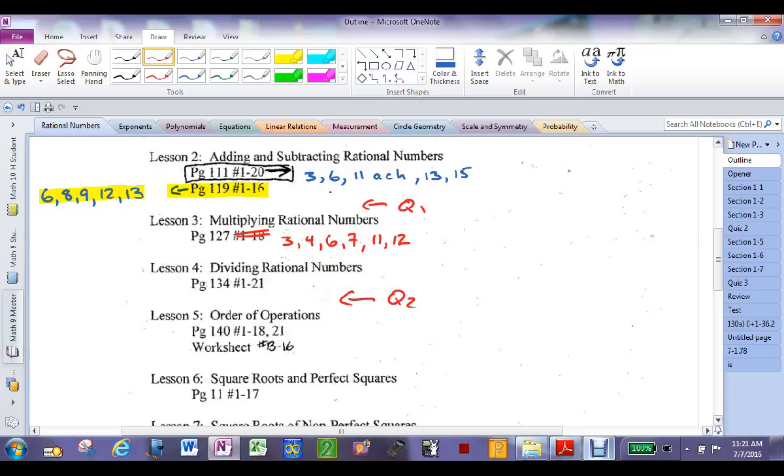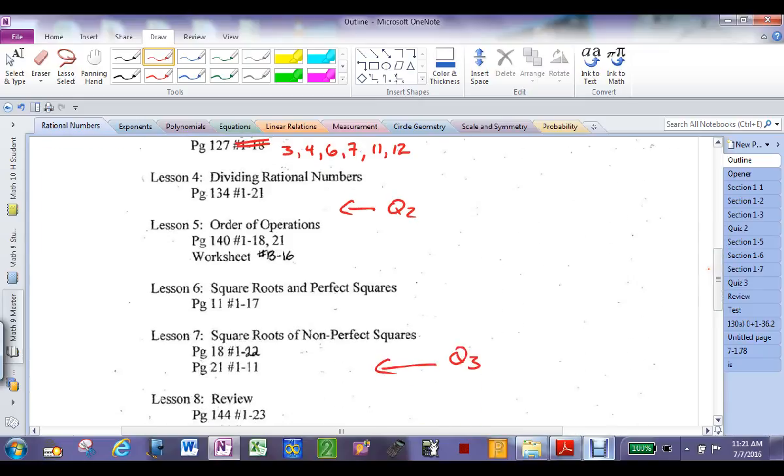The test will be later tomorrow, depending on how we do. We've got a couple more notes to do, but I don't think we're going to have time today. But we'll see. We'll probably finish this unit today. Start tomorrow with the review and a quiz. Okay? We'll mark that review. We'll mark that quiz. Then we'll have our test sometime tomorrow. All right?